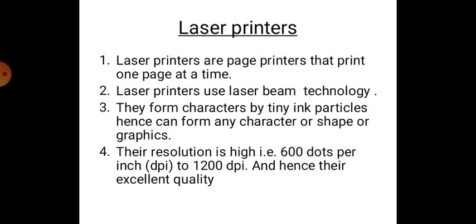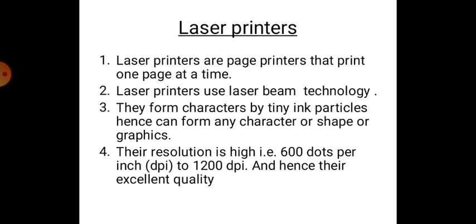Earlier we have studied that dot matrix printers and inkjet printers produce one character at a time. Point number 3. They form characters by tiny ink particles, hence can form any character, shape or graphics. Students, even the laser printer uses tiny ink particles, hence any shape can be generated or printed.